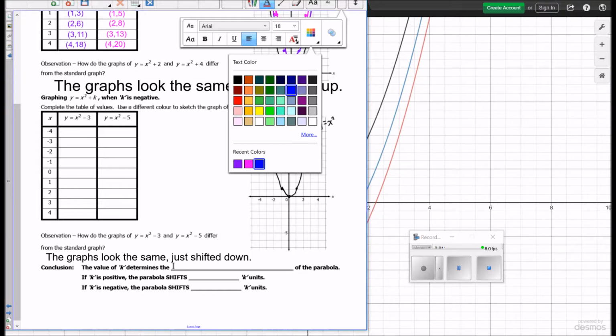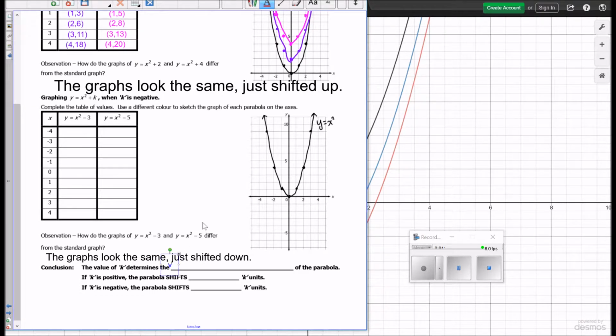So right here, we're going to say the vertical translation, and by translation, we mean shift. Okay? So our graph is either moving up or it's moving down. How do we know if it's moving up or down? If k is positive, the parabola shifts up k units, and if k is negative, the parabola shifts down k units. Okay? So fill in those blanks for me, please, right here.